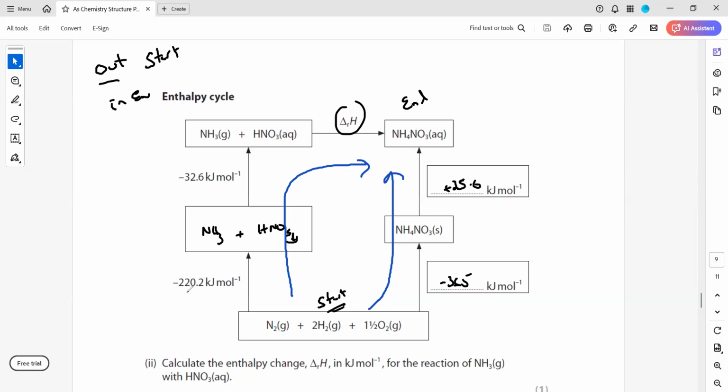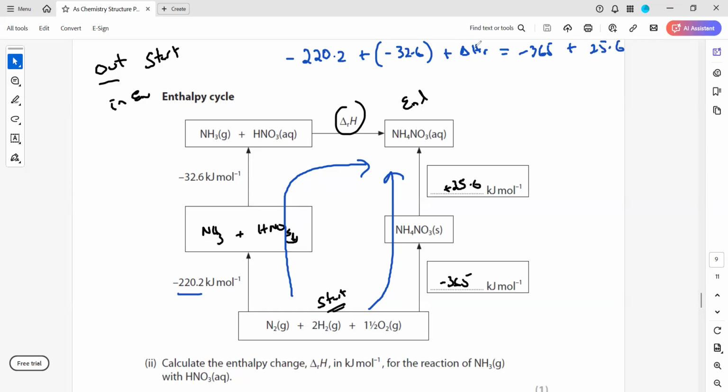So we just write the numbers here: minus 220.2, then plus, because addition is there, and this sign is negative, so minus 32.6, plus the enthalpy change of the reaction, equals route 2, which is minus 365 plus 25.6.